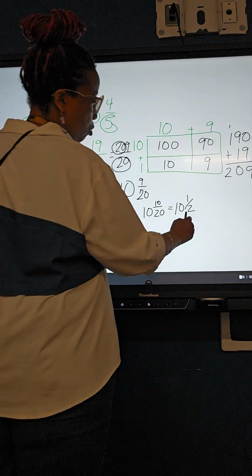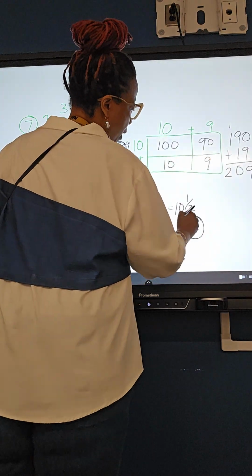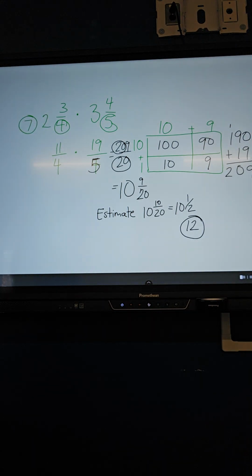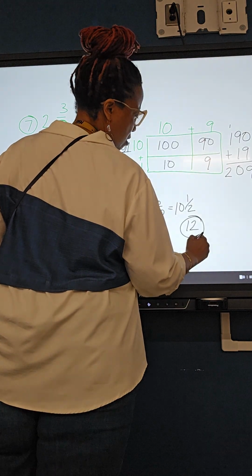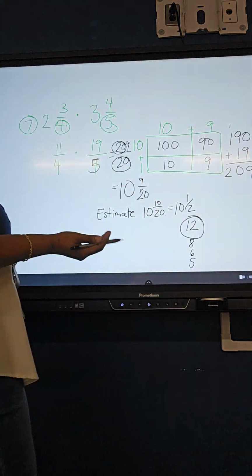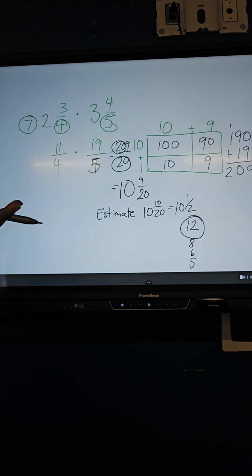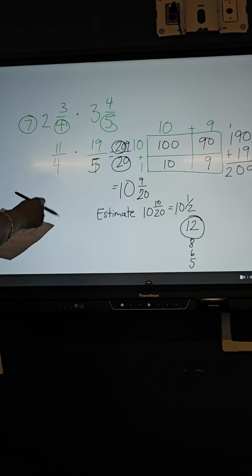So this would be close to 12, because it gives you a series of numbers that you could circle. So I think it's like 5, 6, 8, and then 12. You wouldn't say 8. 8 is below 10. So you always round up, okay, or estimate up. All right, and we have the estimate and we have the exact answer.